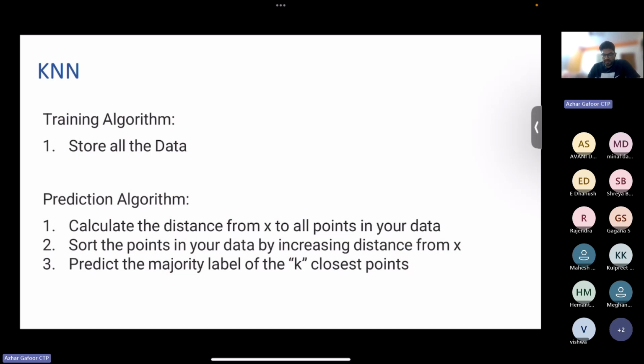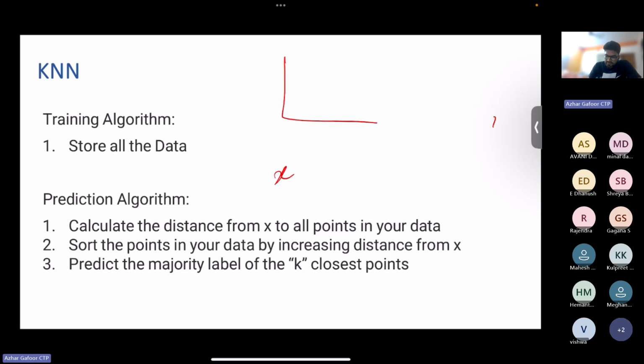Then how can we predict when a new data point is given? While training a model, we have to store all the data. So all the data will be stored in our machine. Once a new data point is introduced, let's say X is the new data point, we will calculate the distance from X to all points in the data.